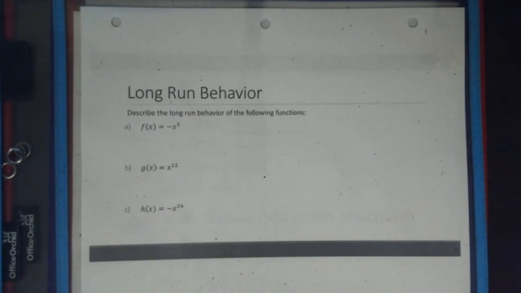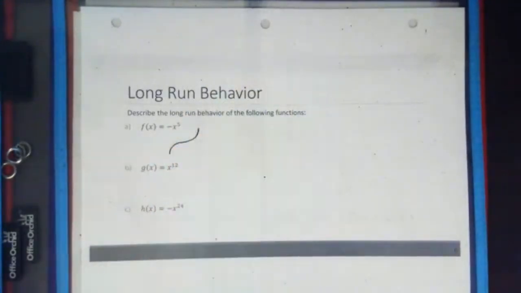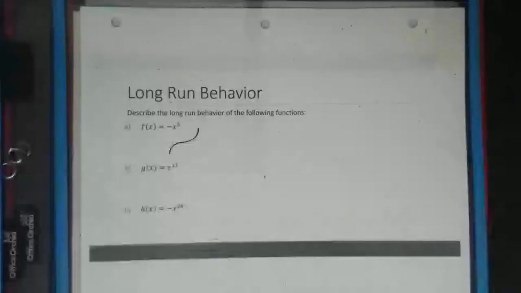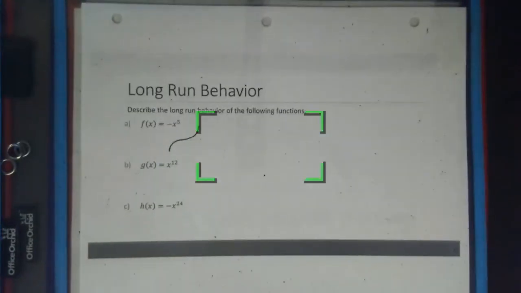So we saw x to the fifth. That is an odd power function. And odd power functions do something like this. But notice there is a negative out front. From our knowledge of function transformations, what does that negative out front do?